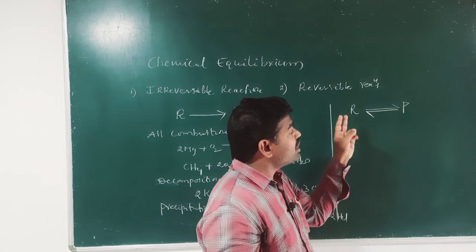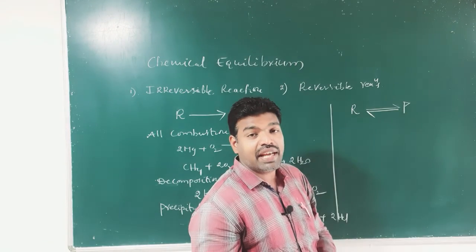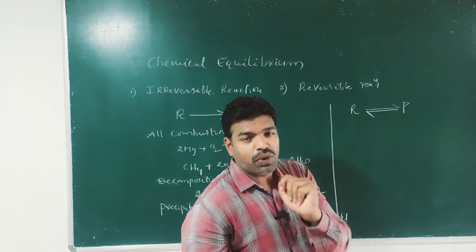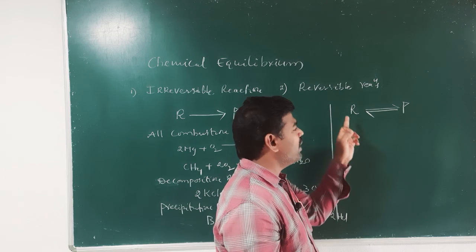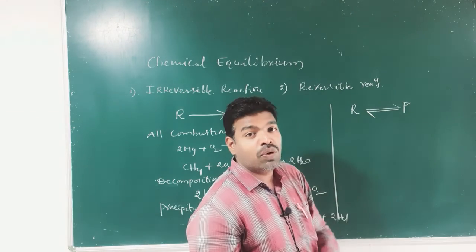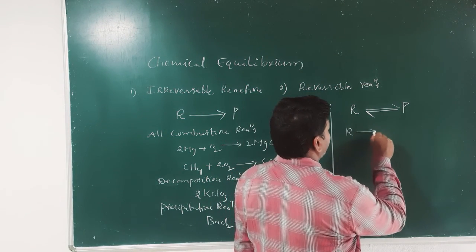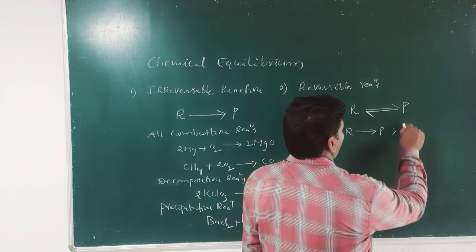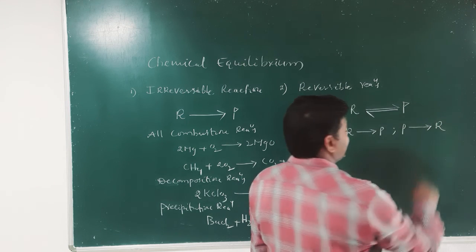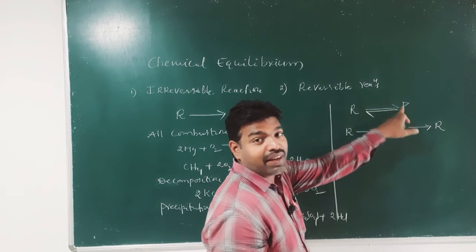So, reversible reactions are the reactions in which reactants are not completely converted into products, and moreover reversible reactions proceed in two directions, that is reactants to products and products to reactants, from left to right and right to left.